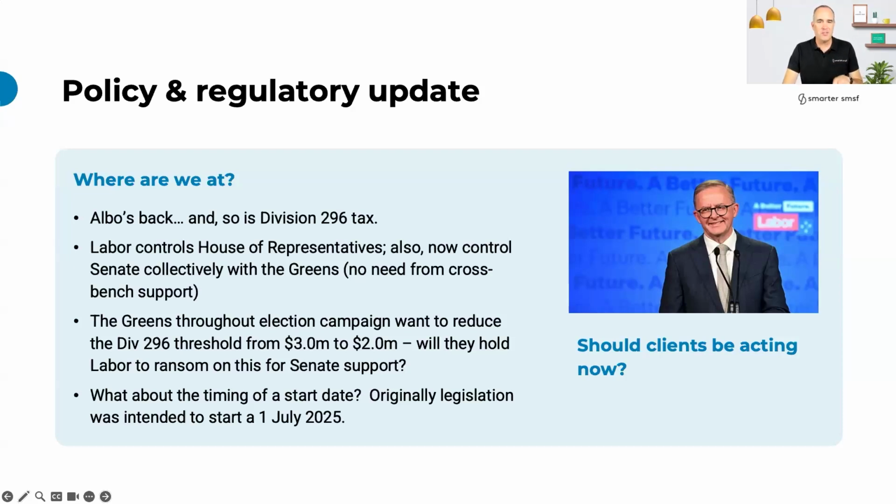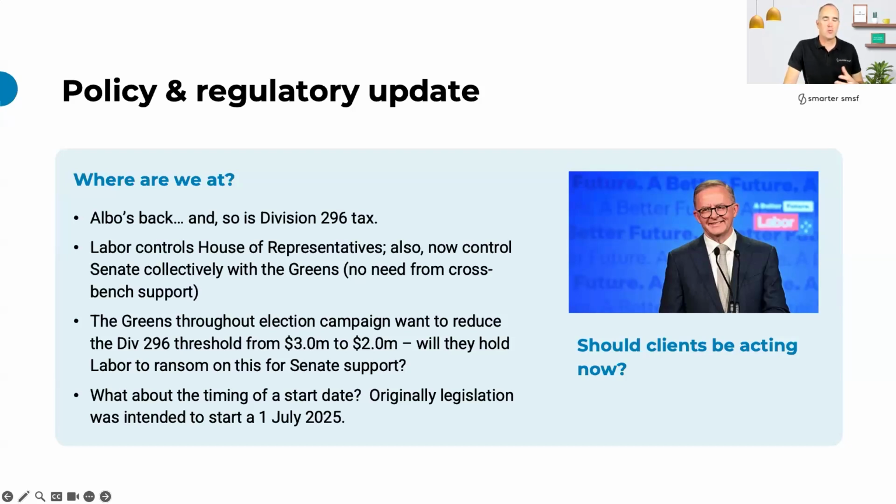Now, what is interesting to note, and this has been a position of the Greens prior to the election and throughout the election campaign, is their intention to reduce the Division 296 tax threshold from $3 million down to $2 million. So what will we see when the bill gets reintroduced into Parliament?